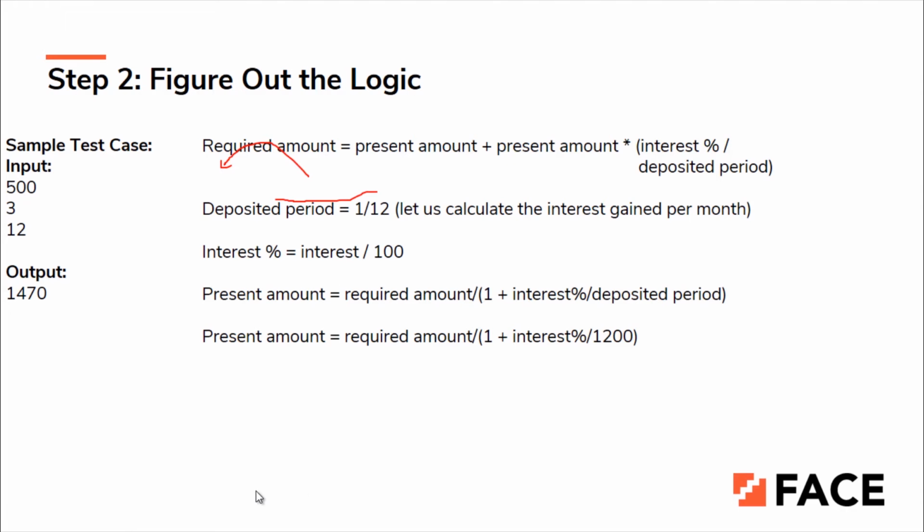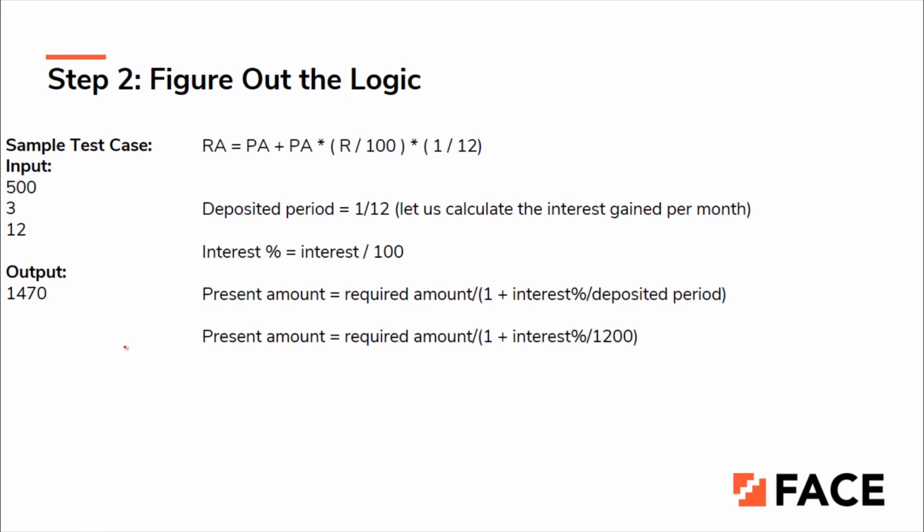Now let's try to write it in a formula manner, avoiding these big names. So I'm just rewriting everything. Required amount, I'm going to take it as RA, that we know is 500 for the first month. So RA is equal to present amount plus present amount into rate of interest into 1 by 12.